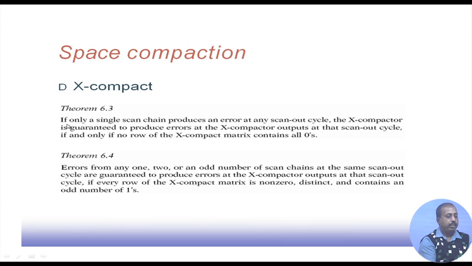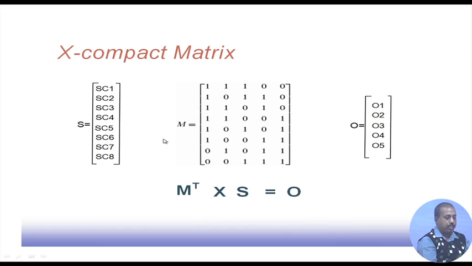It says that if only a single chain produces an error at any scan out cycle, the XCompactor is guaranteed to produce errors at the XCompactor outputs at that scan out cycle, if and only if no row of the XCompact matrix contains all zeros. So, this is the XCompact matrix that gives the connection that we have here.